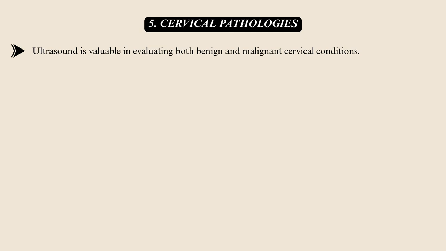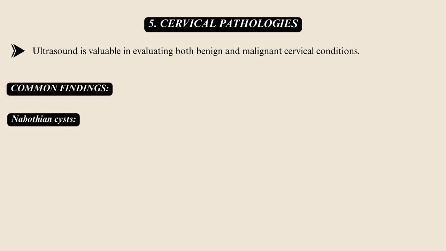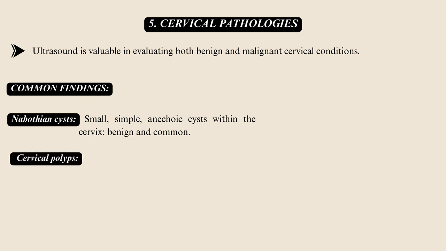Cervical pathologies. Ultrasound is valuable in evaluating both benign and malignant cervical conditions. Common findings are Nabothian cysts, small, simple, anechoic cysts within the cervix. They are benign and common. Then is cervical polyps, focal echogenic lesions protruding into the canal.